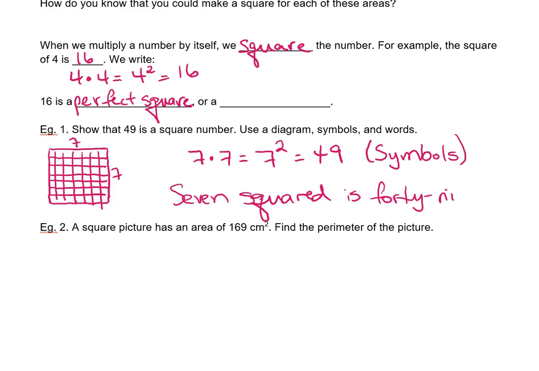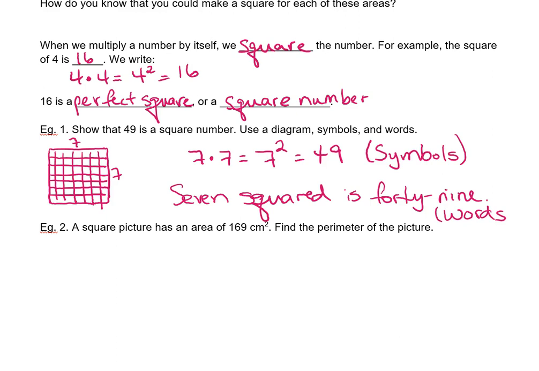Oops, not 9, 49. Period, because that's the end of a sentence, so we use punctuation. Notice also that I started with a capital. That would be using words. By the way, perfect square or a square number, if you didn't look that up already, which I'm going to wager you probably didn't.